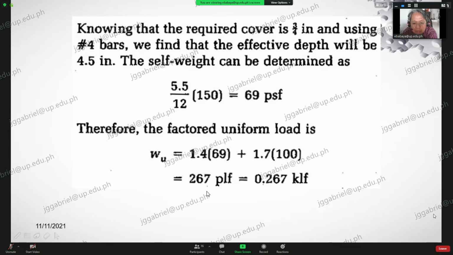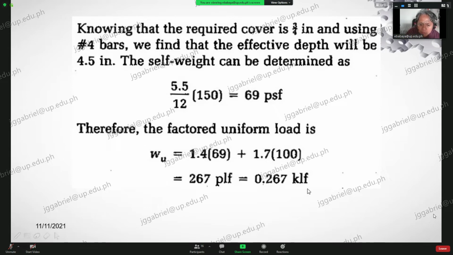Okay. Now, why did it become lineal foot? Sir, kanina, it's pounds per square foot. Bakit ngayon, pounds per lineal foot na lang po siya? Anyone? Because you have divided it by the width. Yung width natin, for this wu, we will use this now for the 1 foot strip of the slab.